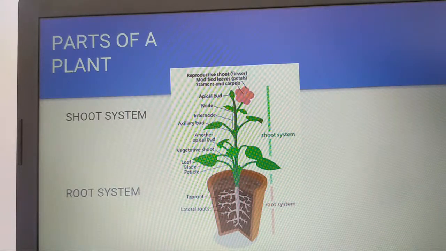So now I am sure that you know the difference about the shoot system and the root system. Well, let me repeat. The plant has two parts, the shoot system and the root system.